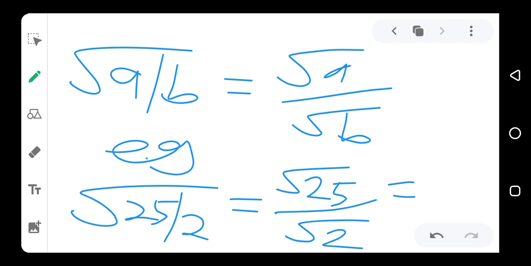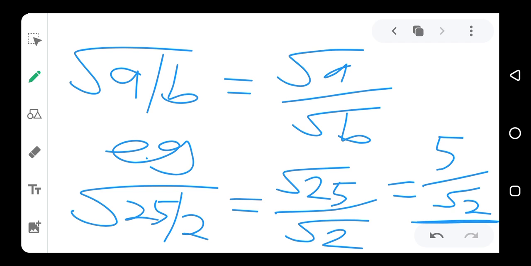We check the one we can solve. Root 25, we know it as 5. 25 is a perfect square. So root 25 is 5, and the root 2 we cannot get it, so we have 5 over root 2 as our answer.